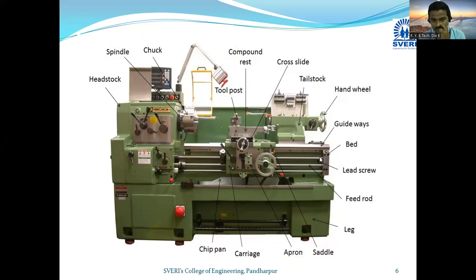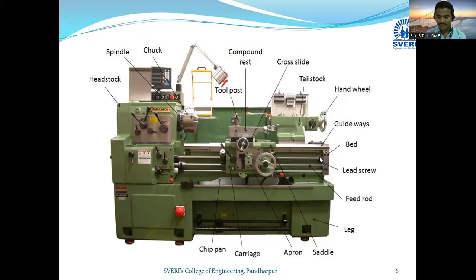The function of the lead screw is to give the mechanized motion to the carriage for cutting threads on the workpiece. Because the lead screw rotates continuously, once it rotates, we get the mechanized motion of the carriage. So that is one function of the lead screw.